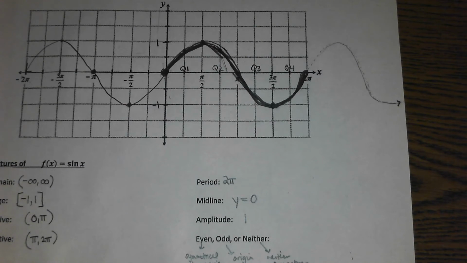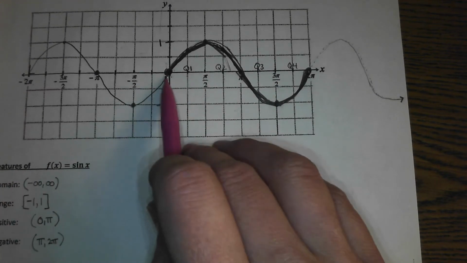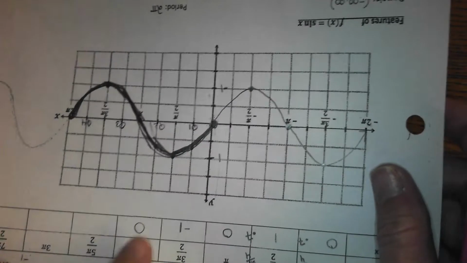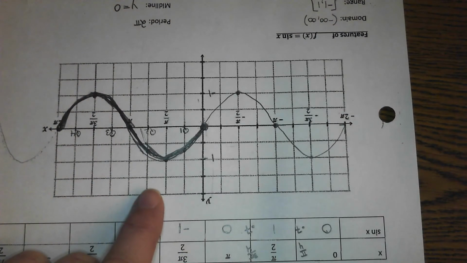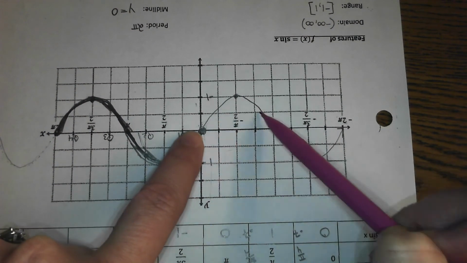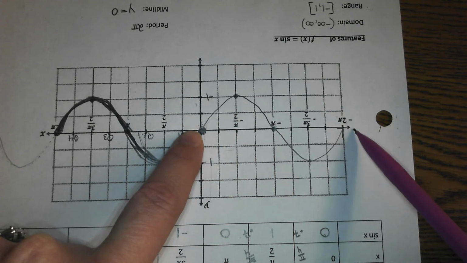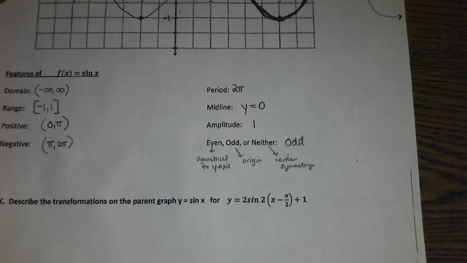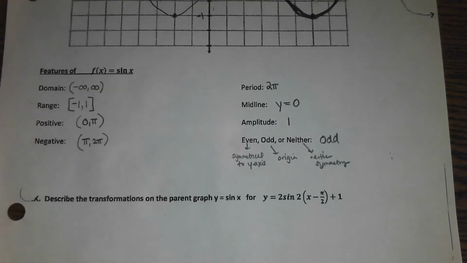Not symmetrical to the y-axis. The y-axis here is not a line of symmetry. Is it symmetrical to the origin, meaning right side up versus upside down? So if I flip this upside down, does it look the same? Yes, it starts at 0, it increases, decreases, then decreases and increases. So it is symmetrical to the origin, which means it is an odd function. Okie doke.